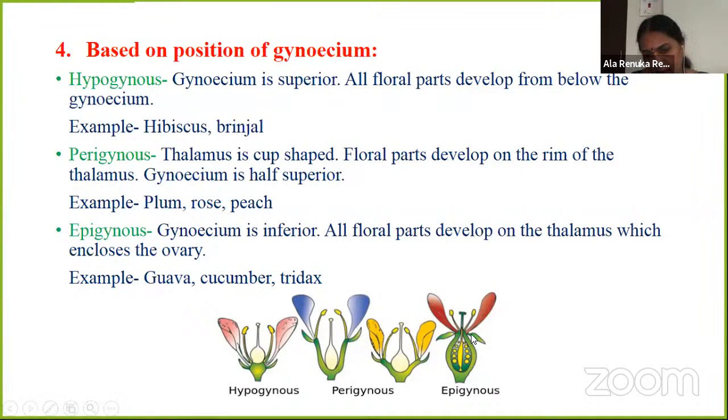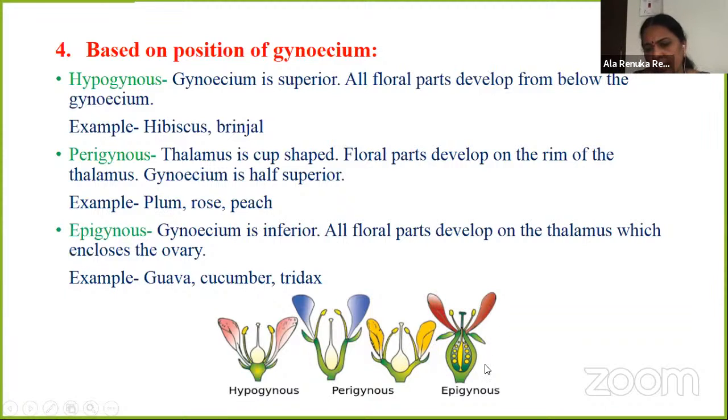See, the gynoecium will be present in the cup-shaped thalamus, which will enclose the ovary. Gynoecium encloses the ovary. Thalamus encloses the gynoecium. That's the ovary of the gynoecium. And all floral parts, sepals, petals, androecium, develop above the level of the ovary.